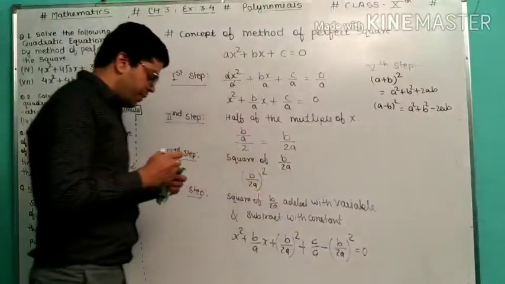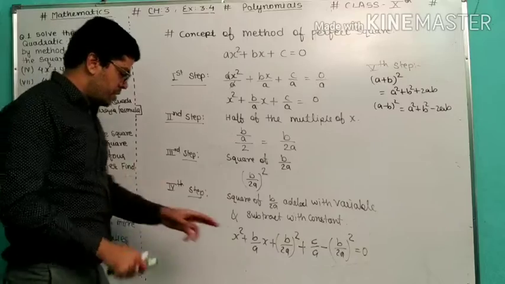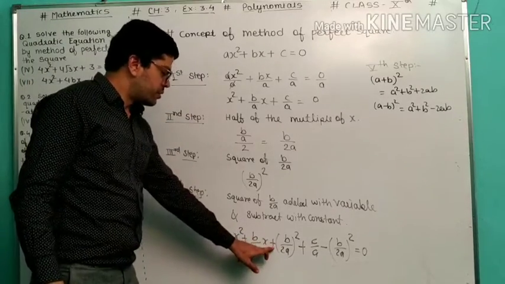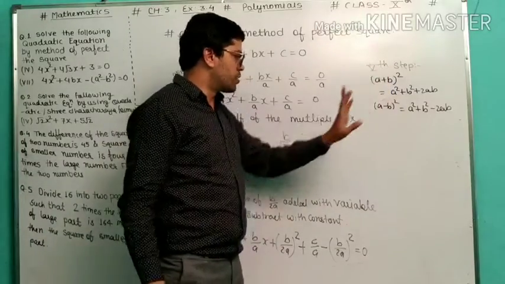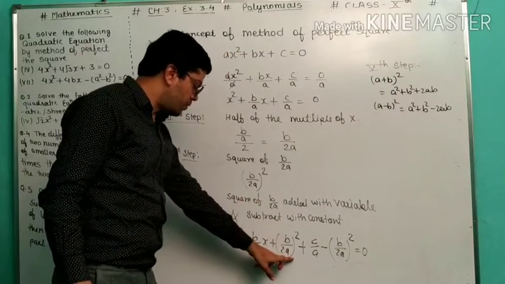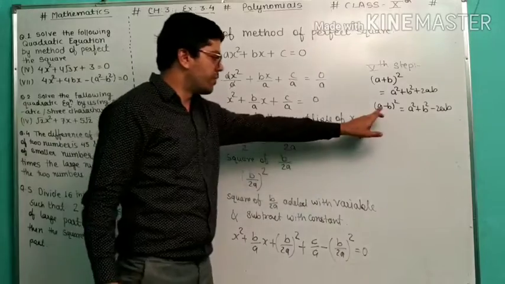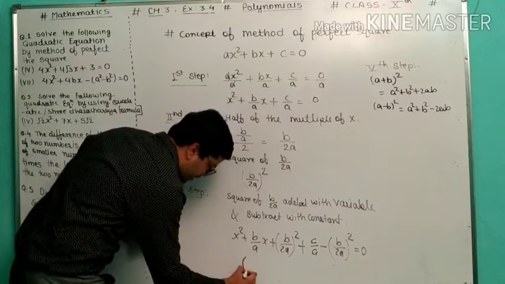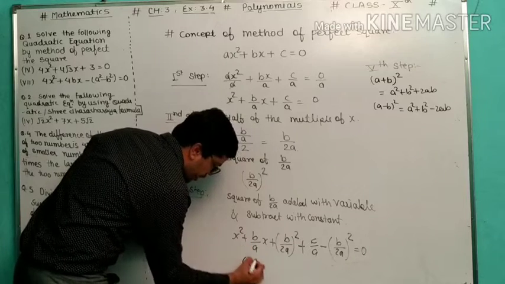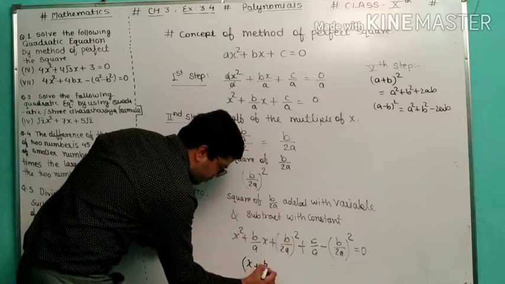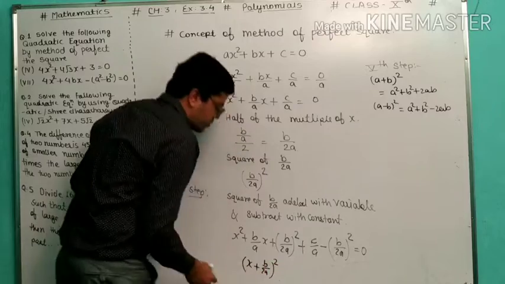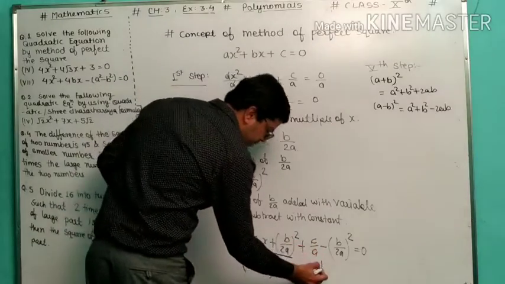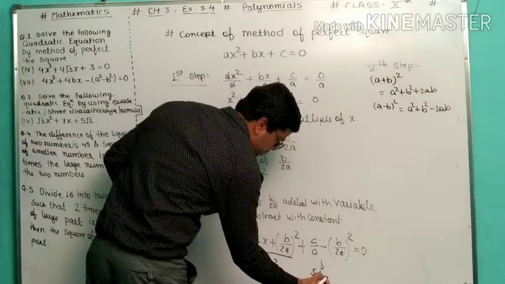We apply a plus b whole square when all the terms are positive. If any one of these three terms is negative, we apply a minus b whole square. Here all the terms are positive, so x square we will remove, and we get x plus b by 2a whole square. So we converted these three terms into this, and this we have to solve.